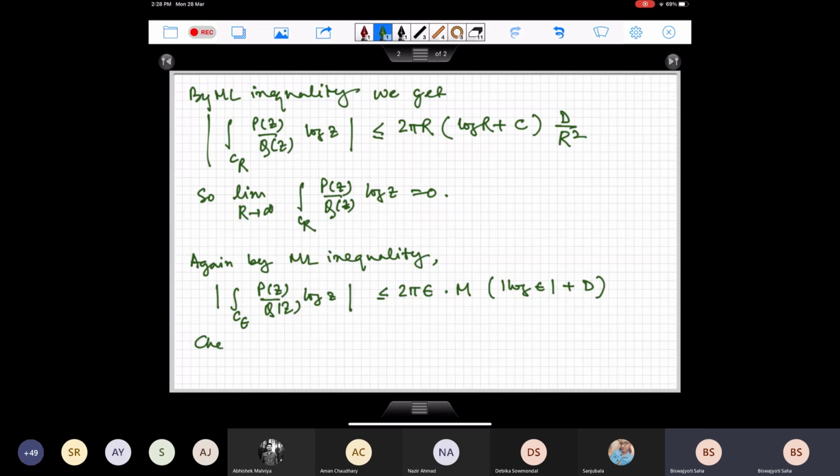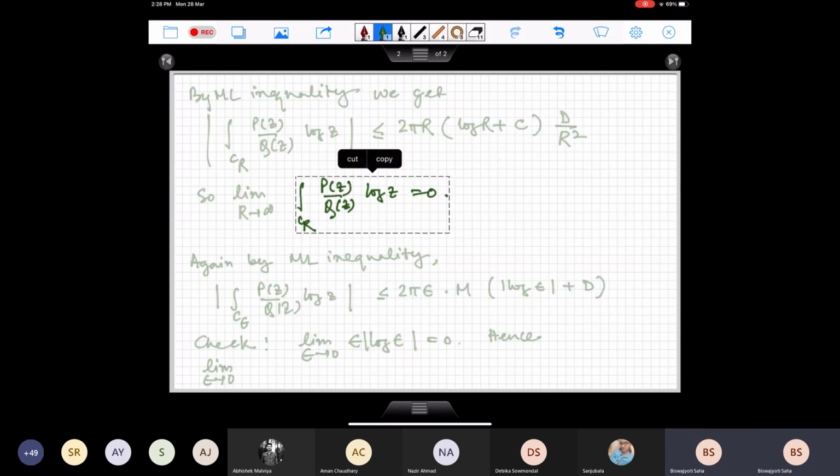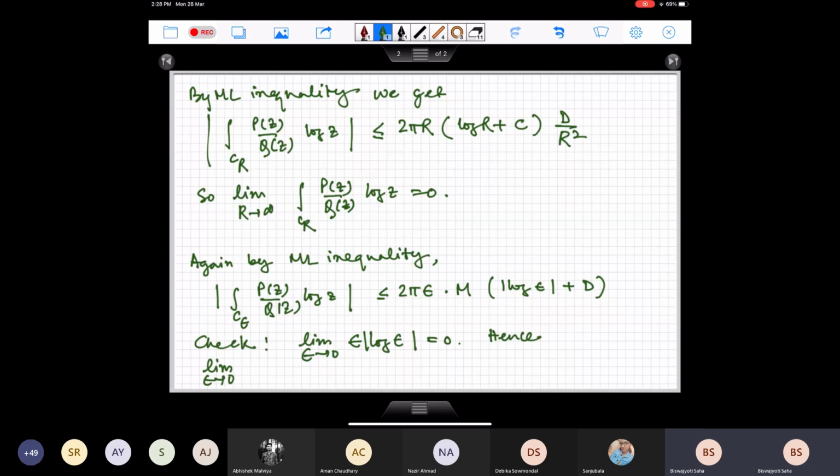Okay, so this is an exercise from real analysis. Check that the limit as epsilon tends to 0 of epsilon times mod of log epsilon is equal to 0. So if you get that, then hence the limit as epsilon tends to 0 of the same integral over C epsilon of P(z)/Q(z) log z is 0 as well.